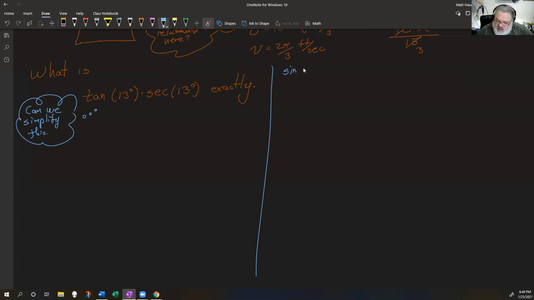So if we look at just our unit circle definitions, the sine was supposed to be our y values and the cosine our x values, while the tangent function was supposed to be our y values over our x values, right?